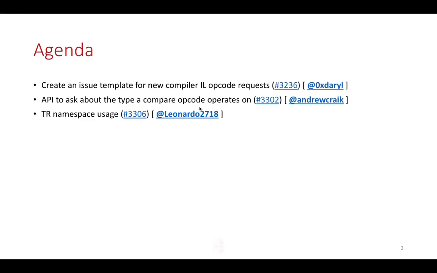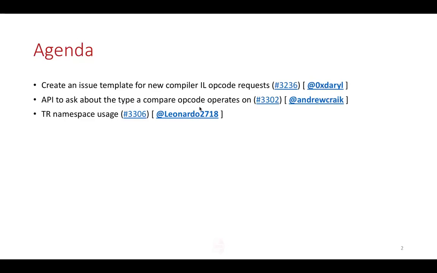The kind of thing that we're comparing is intrinsic to the comparison opcode. So what I would like to propose is that we add a query that will let us ask the comparison opcode, so the if compare family, as well as the various compare on their own versions, what the data type is that they compare.